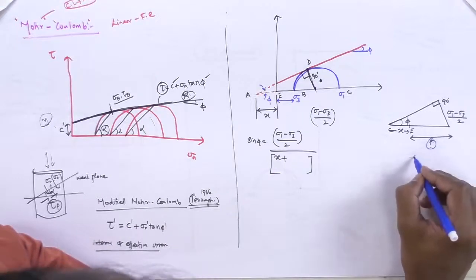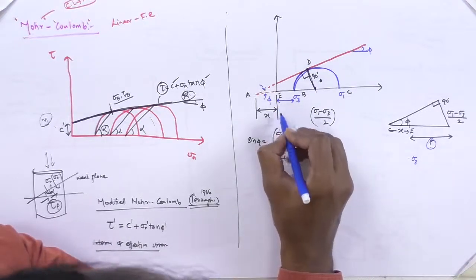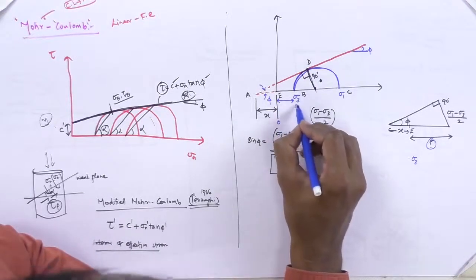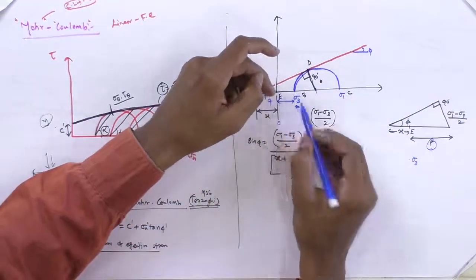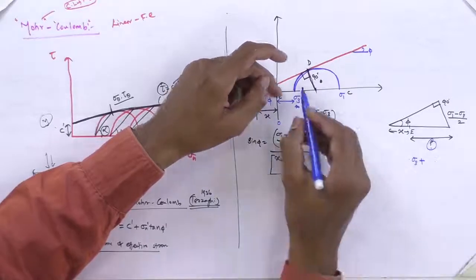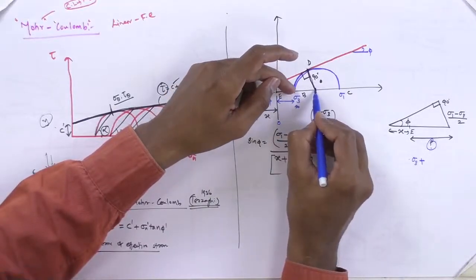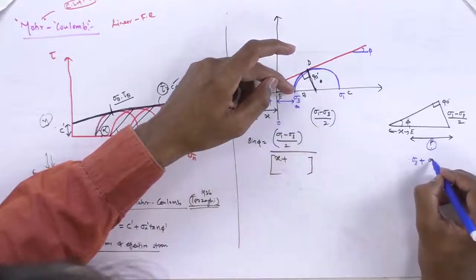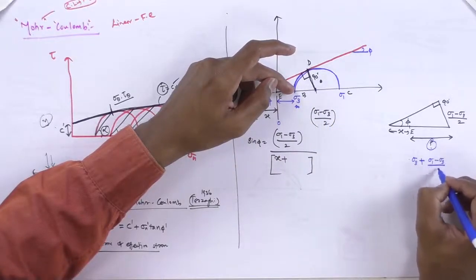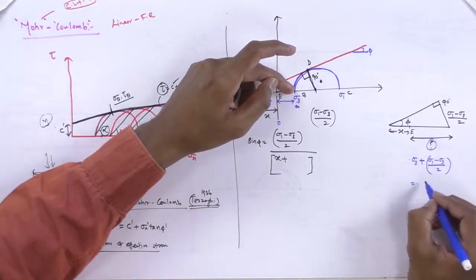So from here to here it is sigma 3, and from here to here it is the radius, sigma 1 minus sigma 3 by 2.